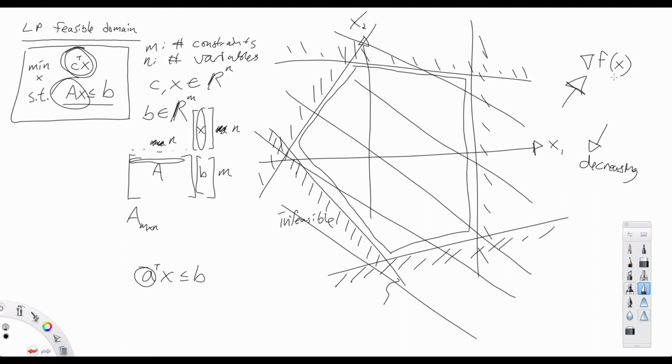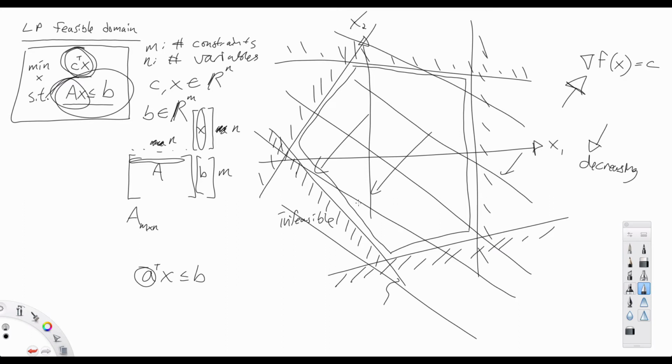And we're going to see in the next section the gradient of c transpose x, if we just graphically think about moving in the decreasing direction, keep going downhill. The idea is we want to find a point that's in this set, the feasible domain, that satisfies our constraints, Ax less than or equal to b.